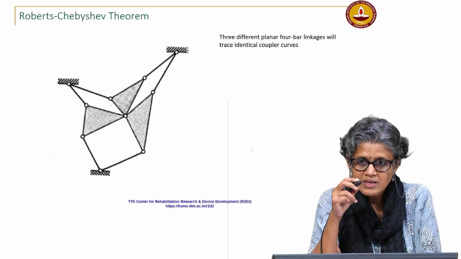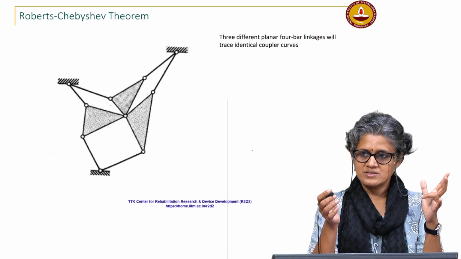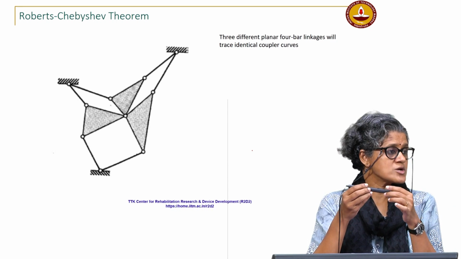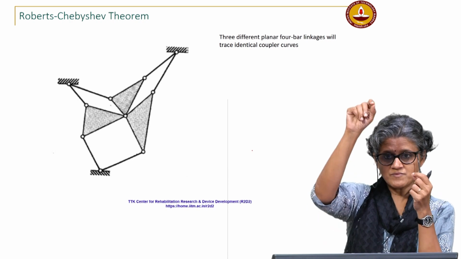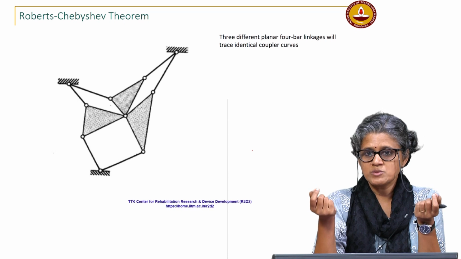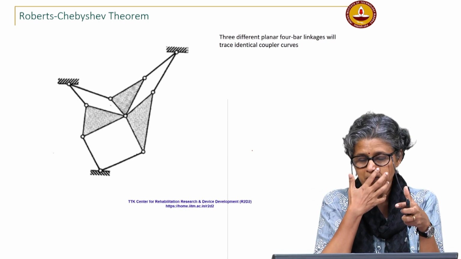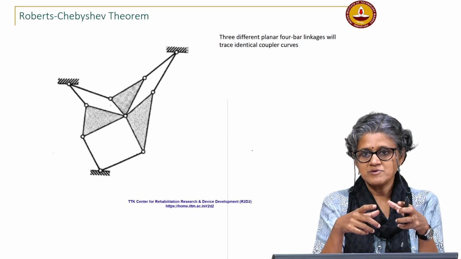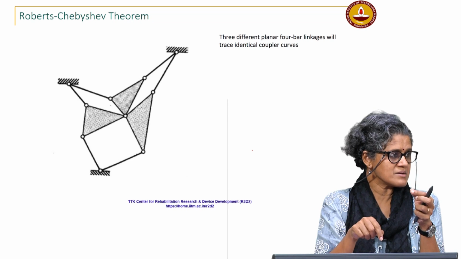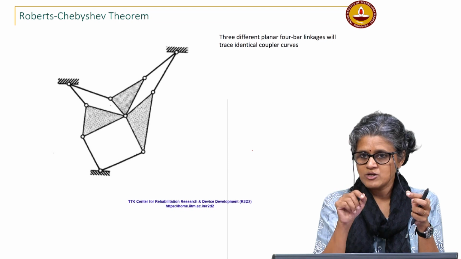Because the space requirements of the other 2 linkages may be more suitable for your application, because the location of the other fixed pivot may be more suitable for your particular design. If you have picked a 4 bar which has a certain coupler curve, you can find 2 more 4 bars using this theorem that will generate the same coupler curve for that particular point P.